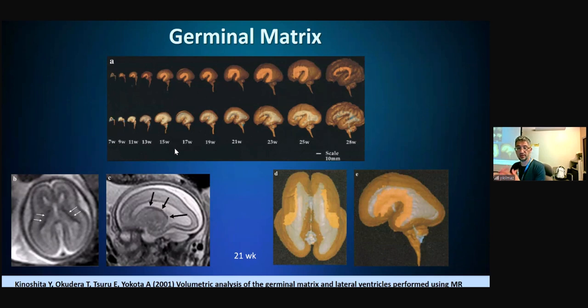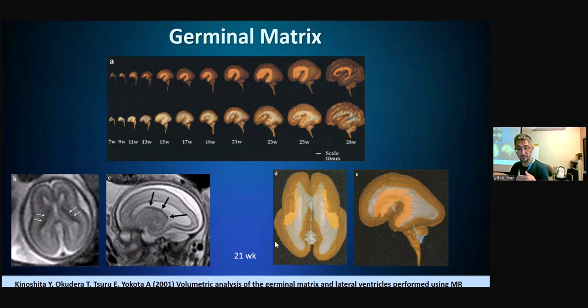The germinal matrix, they showed this by using specimens. So this yellow structure is the germinal matrix. It's the factory of neurons. All the neurons are produced here and migrate peripherally. And as you can see here, initially it's not very large, so it becomes larger and then involutes.